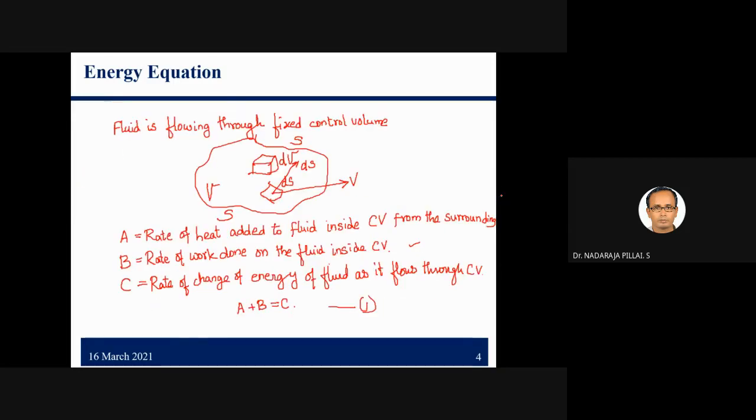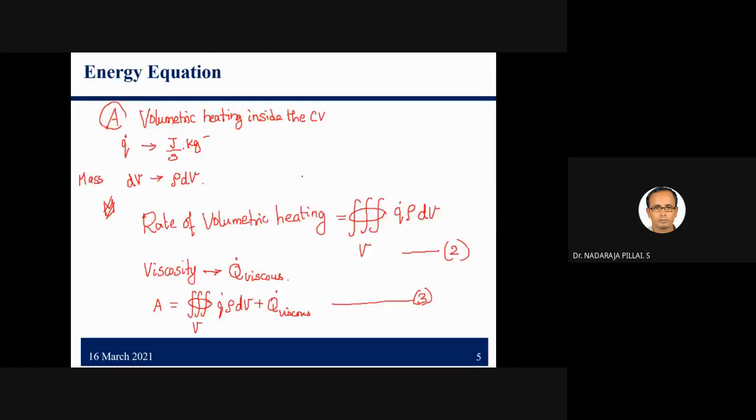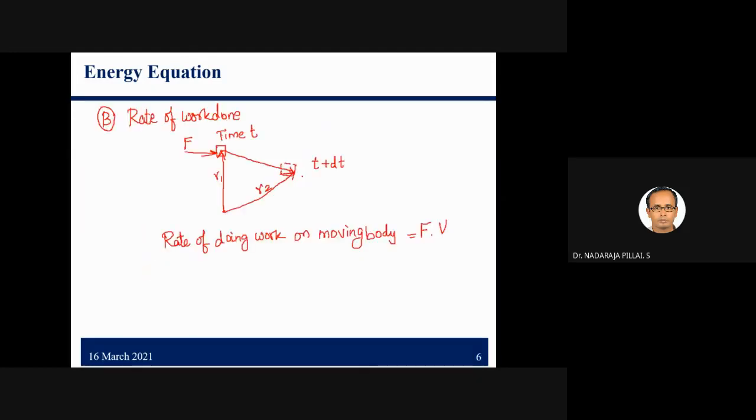Now, let us consider dS. dS is the elemental area that we know, right? So whenever we consider a force, it can be a pressure force.